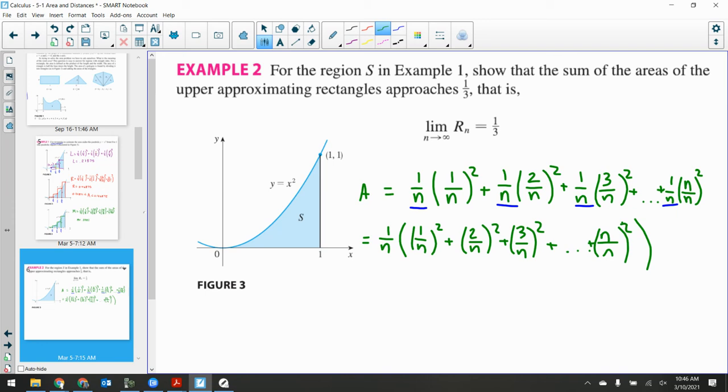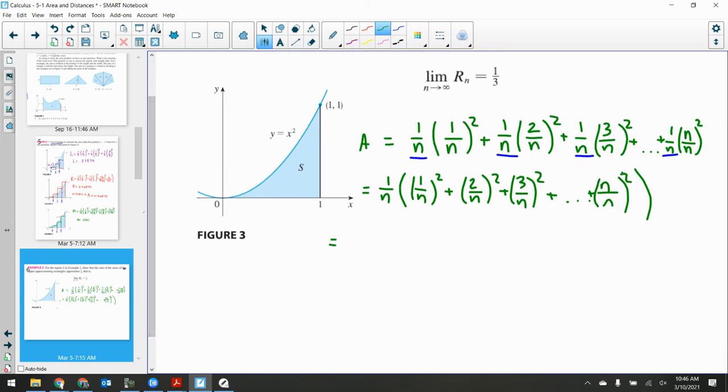Now, if I evaluate the squared, take a look here. I can do the same type of thing here. 1/n times, look, this is 1 squared over n squared plus 2 squared over n squared plus 3 squared over n squared plus n squared over n squared. What do you notice about all of those denominators?